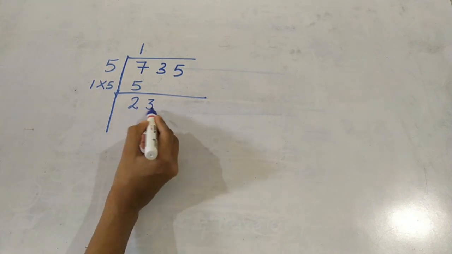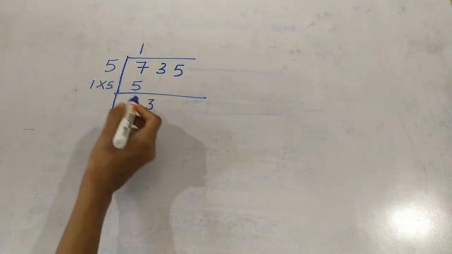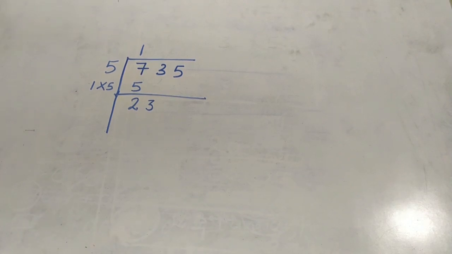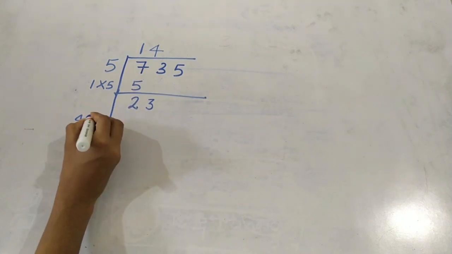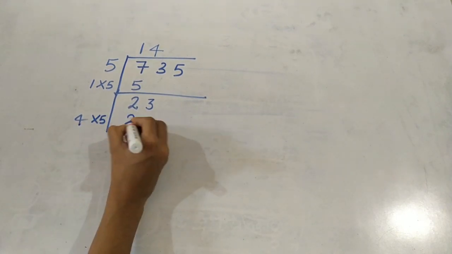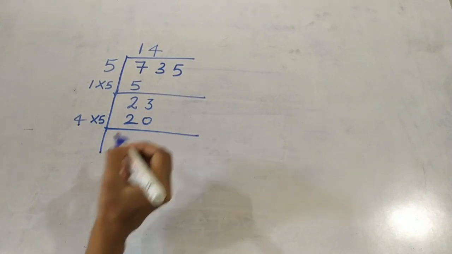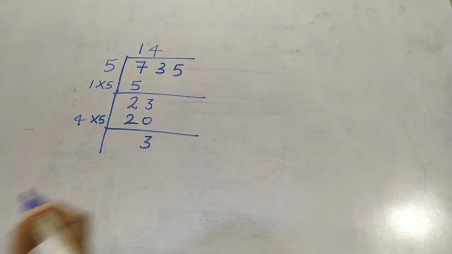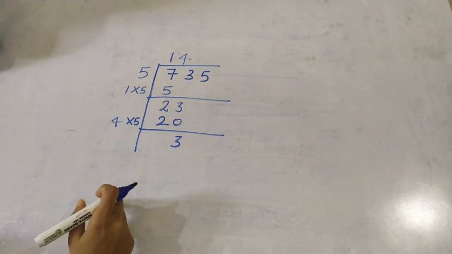Okay. Now 23. How many 5s are there in 23? You know that 4 into 5 is 20, 5 into 5 is 25. So only 4 5s. 4 into 5, that is 20. Now I am going to subtract 23 minus 20, 3. 2 minus 2 is 0.